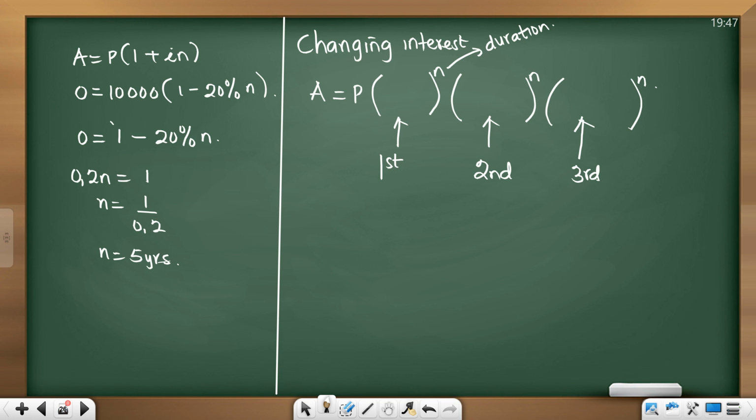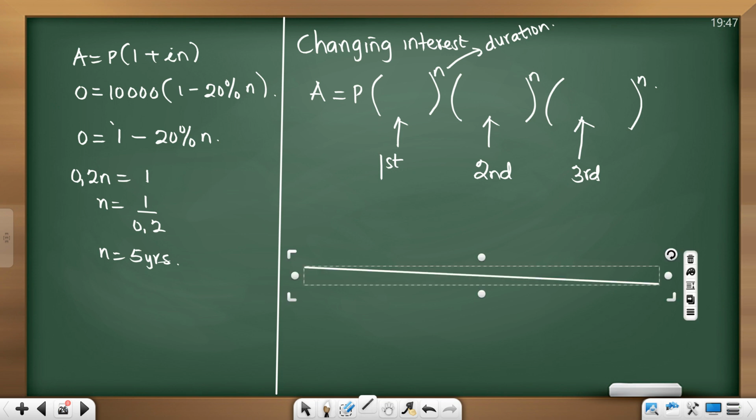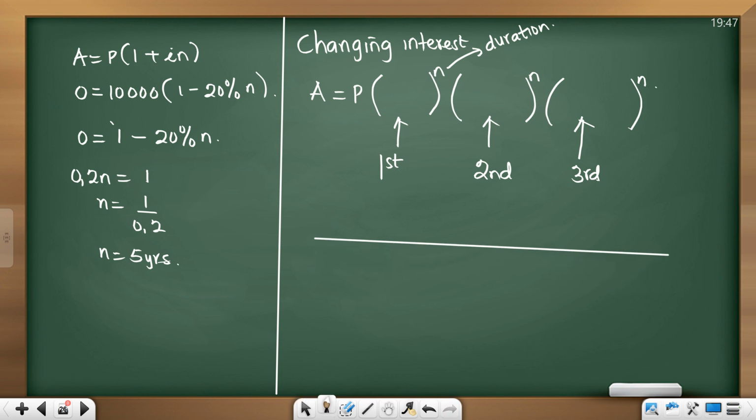A quick example. I'll use a number line to quickly do. I'm going to compress this example, so just learn the principle. Somebody invested 2,000 Rand here. After 3 years, invested 750 Rand into the same account.